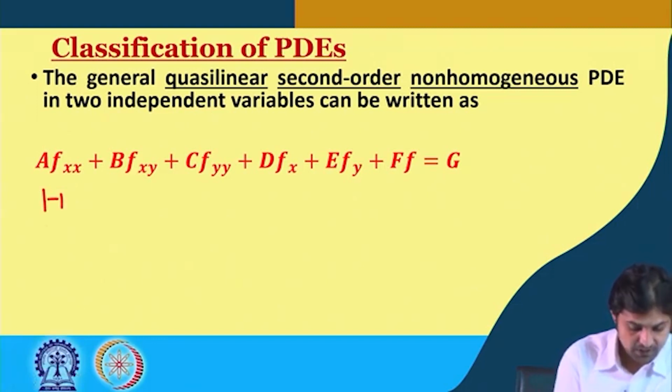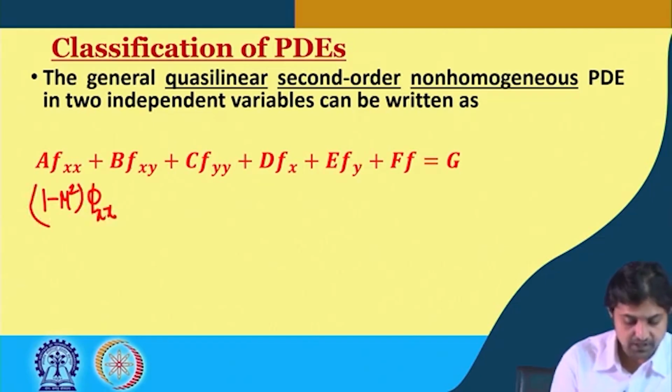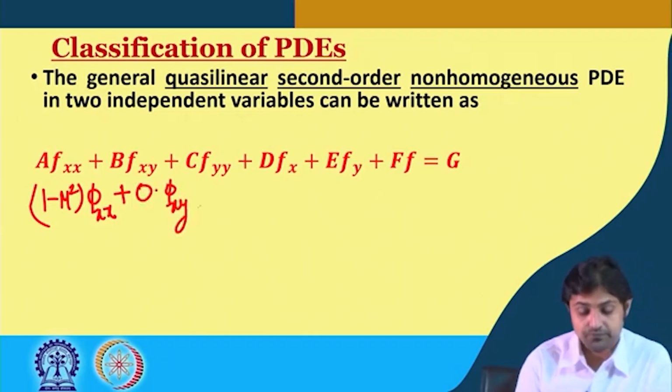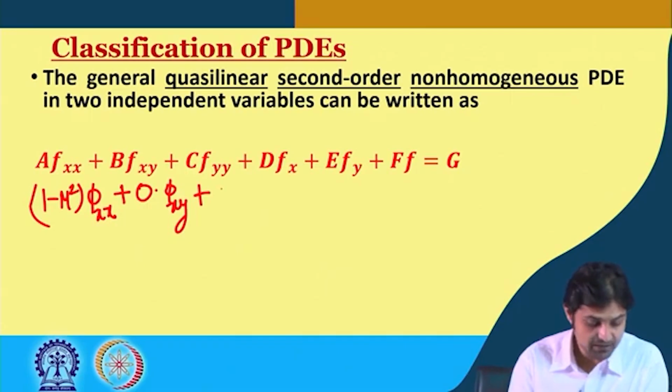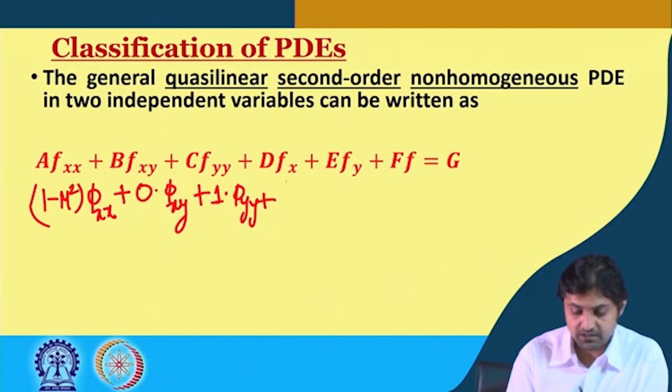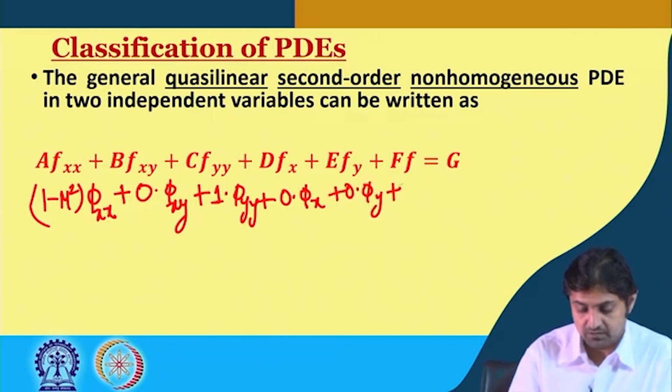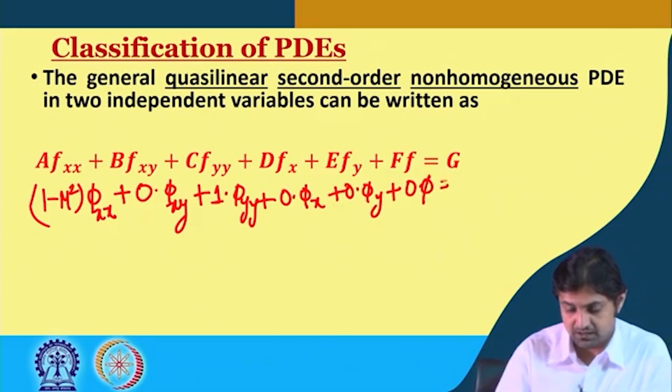It is 1 minus m square, instead of f x x we write phi x x, plus there is no phi x y, so 0 into phi x y, plus c is 1 into phi y y, plus we just write 0 into phi x plus 0 into phi y plus 0 into phi is equal to 0.